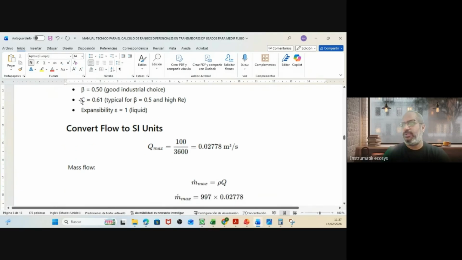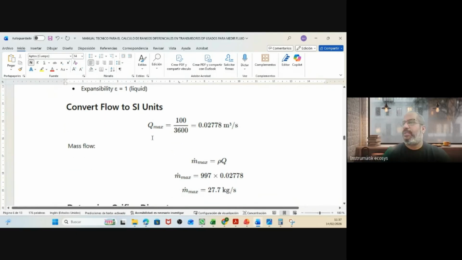The discharge coefficient is 0.61. And the expansibility factor is 1 because it's a liquid. As I told you before, for liquids the expansibility factor is 1. Sometimes it's not shown in the formula because it's equal to 1.